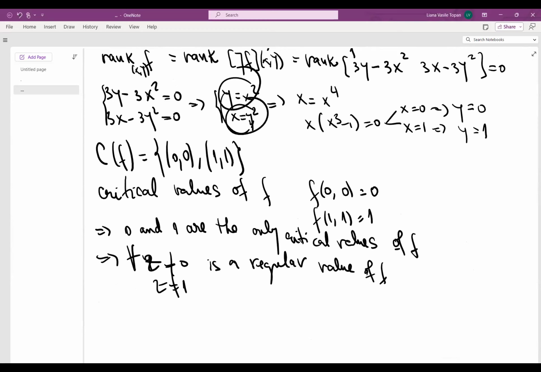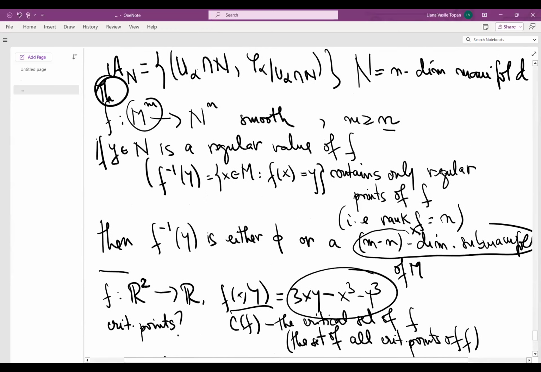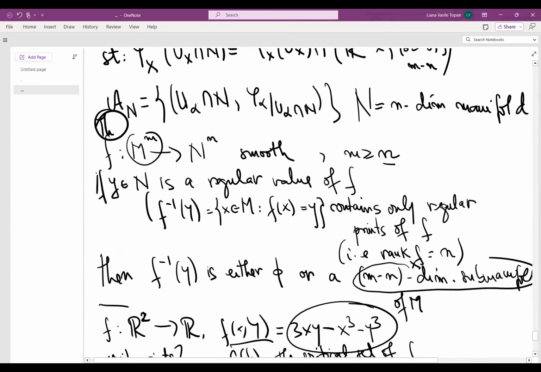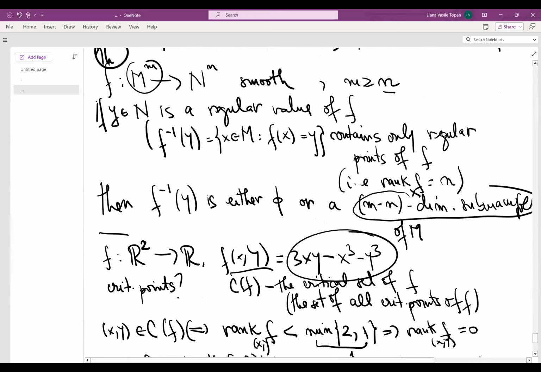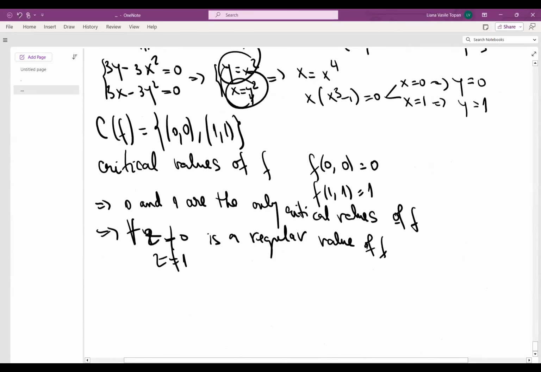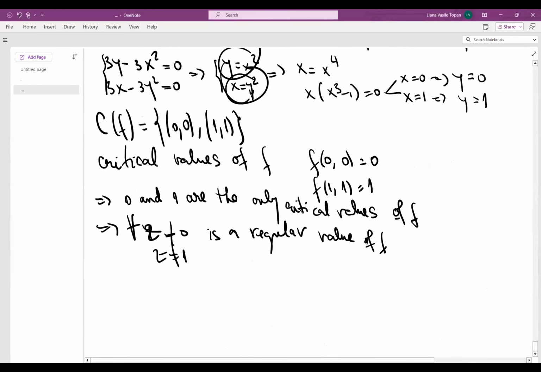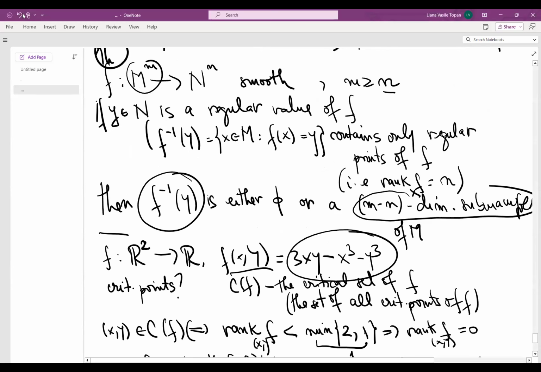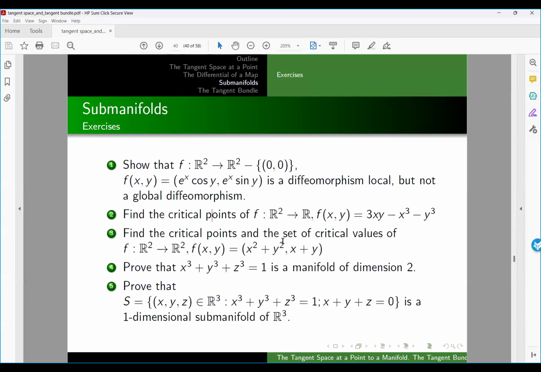I'm talking about regular values because I want to apply this theorem, saying that f inverse of a regular value of the function is a submanifold, so a manifold itself, all right? So that's one example here on how we compute critical values. So that was the second one.